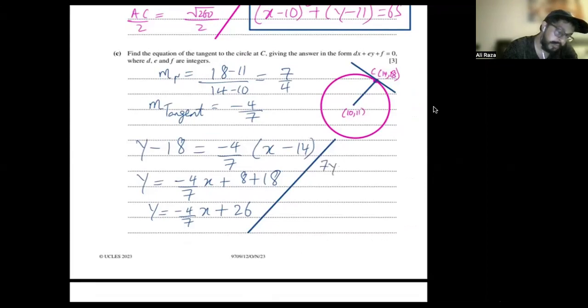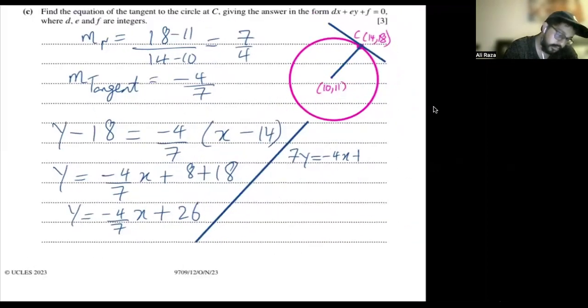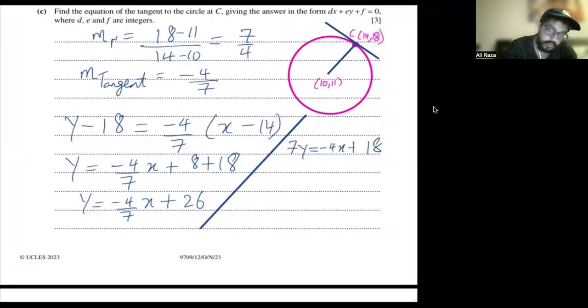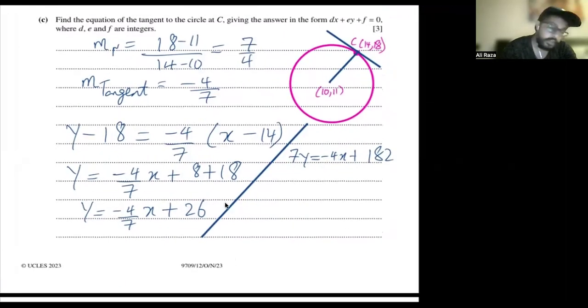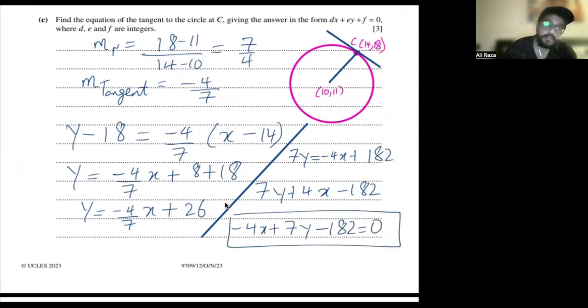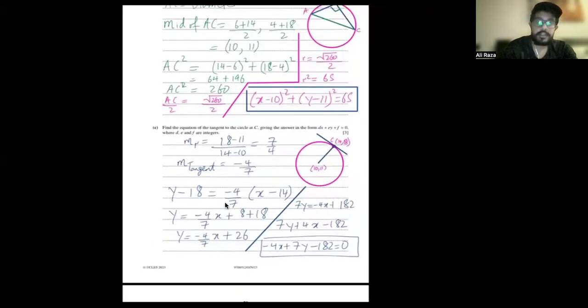This gives us 7y is equal to minus 4x plus 182. And we'll bring all the terms on the same side. 4x plus 7y minus 182 is equal to 0 would be the answer for this. And that's the end for this exam.